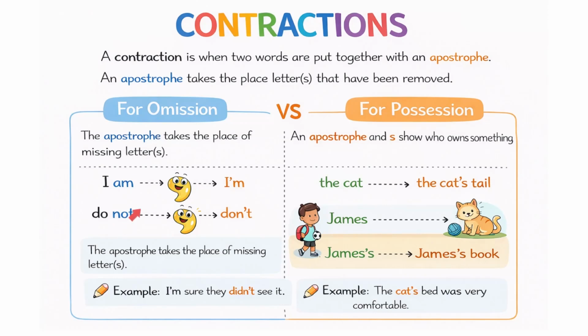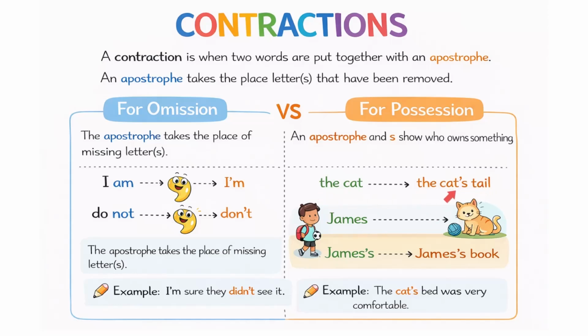Generally, we have the more formal I am, do not, and then the contracted versions, which we might find in speech or in questions that are a little bit more informal, I'm, don't. The other way that we're going to see apostrophes is when an apostrophe is used to show ownership. So we have the cat's tail.